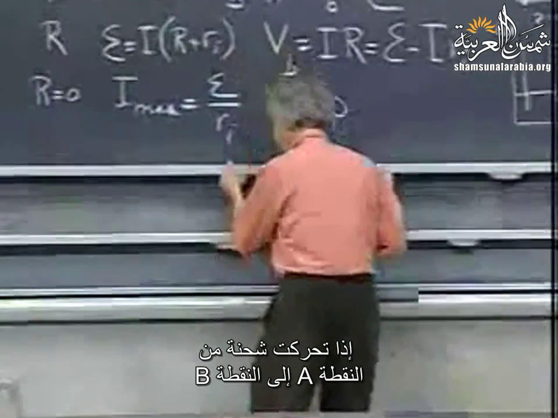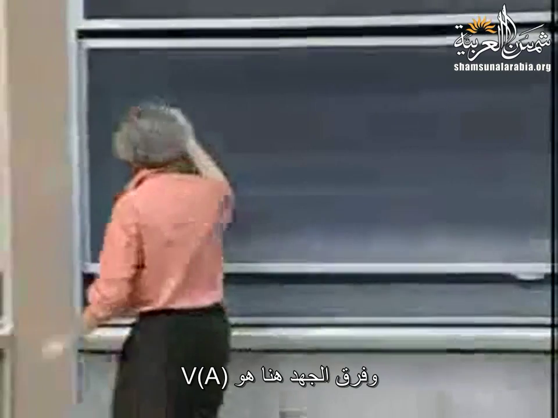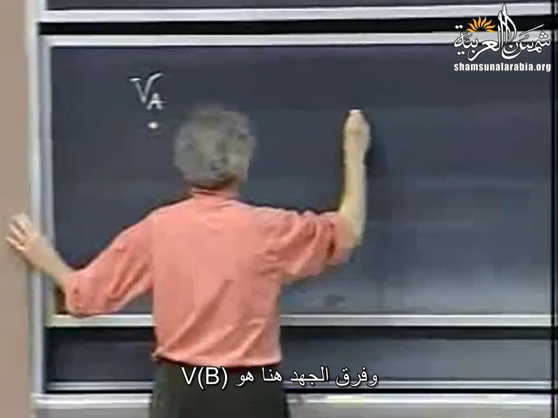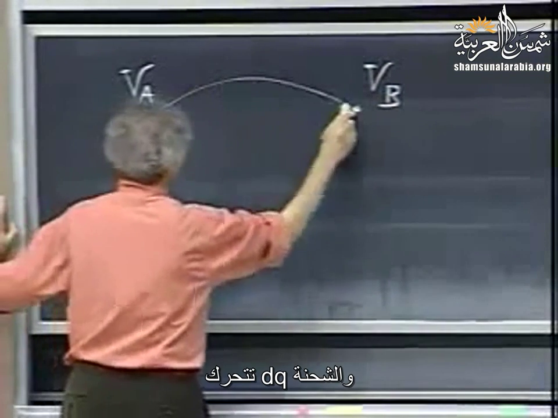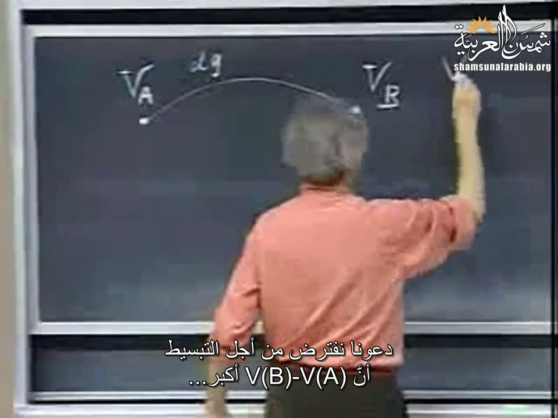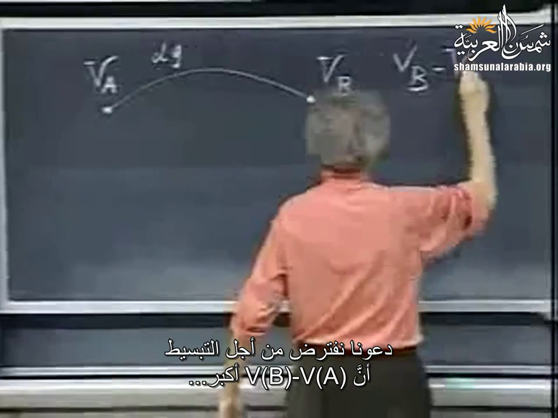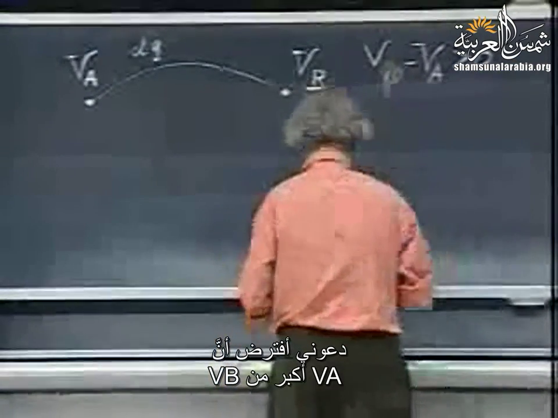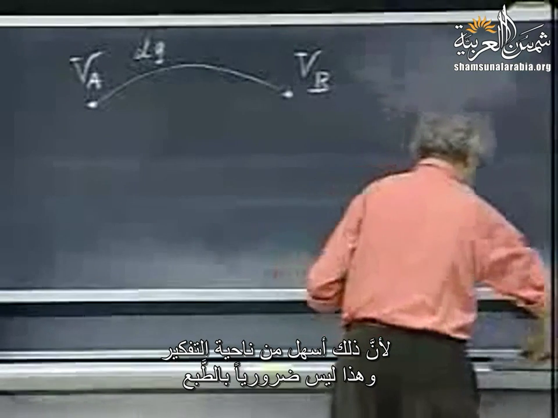If a charge moves from point A to point B, and here the potential is VA, and here the potential is VB, and a charge dq moves, and let's suppose for simplicity that VA is larger than VB. That's just a little easier to think in those terms. It's not necessary, of course.